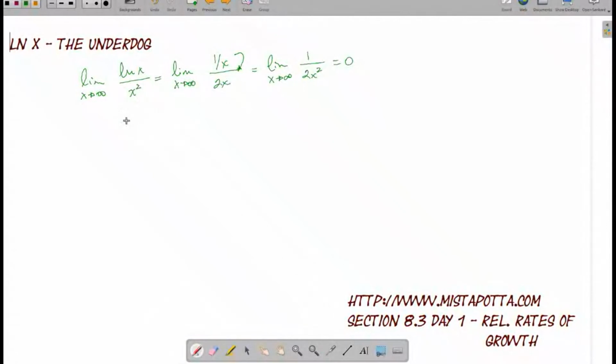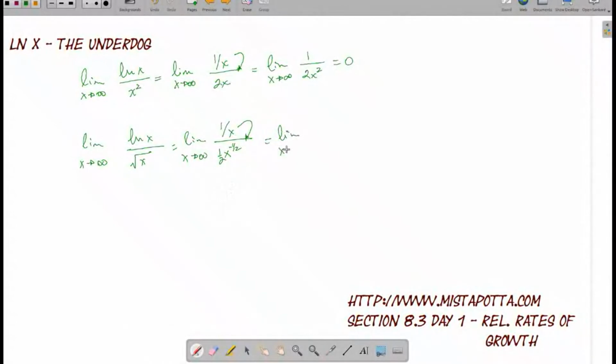Now, I did this with x squared, but I could have done this with x to any positive integer exponent. In fact, I could even look at the limit as x approaches infinity of natural log x over something like the square root of x, because this is x to the 1/2 power. And so by taking this limit as x approaches infinity using L'Hopital's rule, I get (1 over x) over 1/2 x to the negative 1/2.